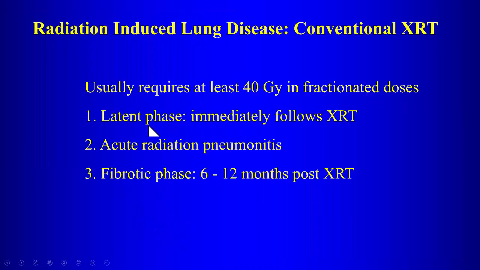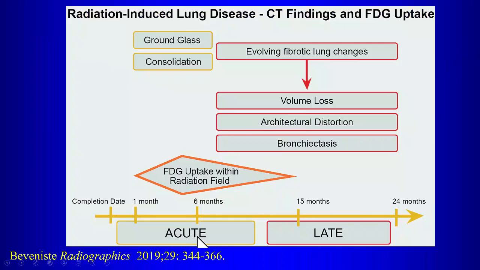So there's a latent phase immediately after therapy. There's a phase of acute radiation pneumonitis where patients develop ground glass opacities and consolidations, and then that transforms into the fibrotic phase 6 to 12 months later, and then the fibrotic phase usually stabilizes once you're out about a year after conventional radiation therapy. So there will be acute changes where you can have ground glass opacities and consolidations.